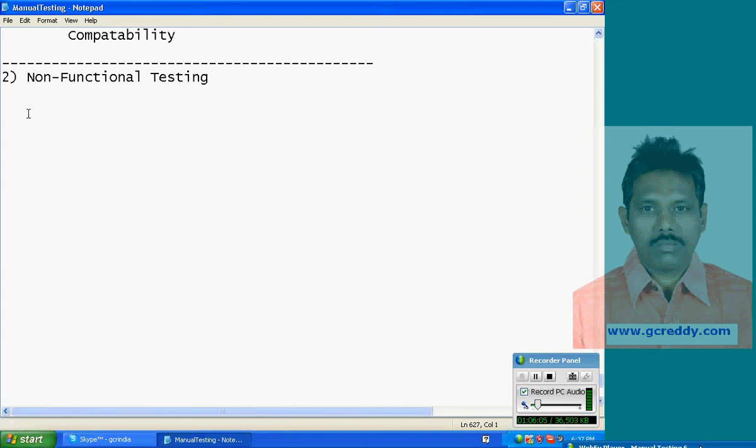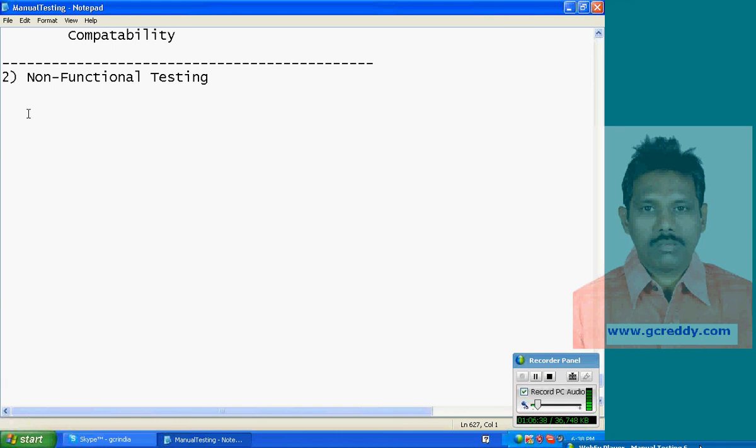Otherwise you can say checking quality attributes of a component or system with respect to non-functional requirements. Tell me, Lalita, what is non-functional testing? Checking of the software product characteristics based on the non-functional requirements. Good, good. We can take it as a quality attribute.